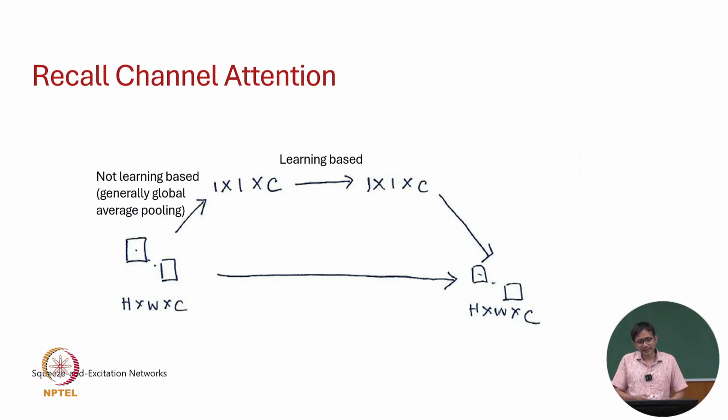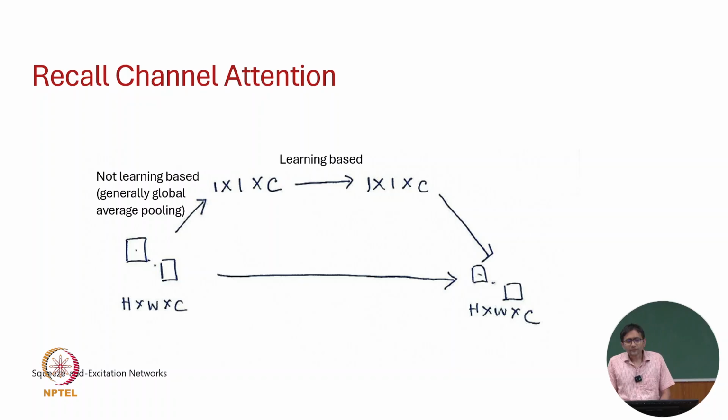Given this, we again transform it to another 1 cross 1 cross c dimension. However, this time this is based on some kind of learning based approach, so some learnable layers will be incorporated in between. And now this 1 cross 1 cross c, so basically a c dimensional vector, will be used to weight the original h cross w cross c input, and we get a new modified version of this h cross w cross c. We get this output, and this now can be processed.